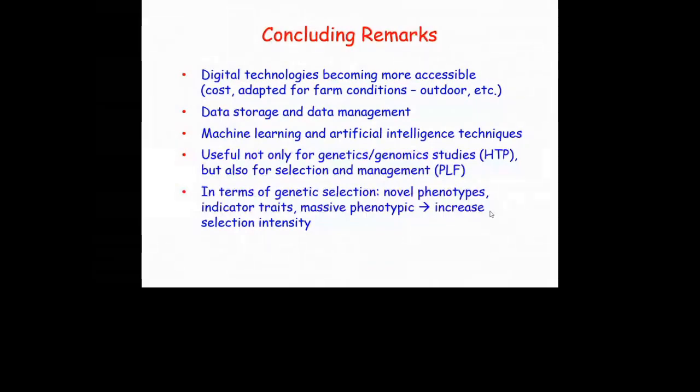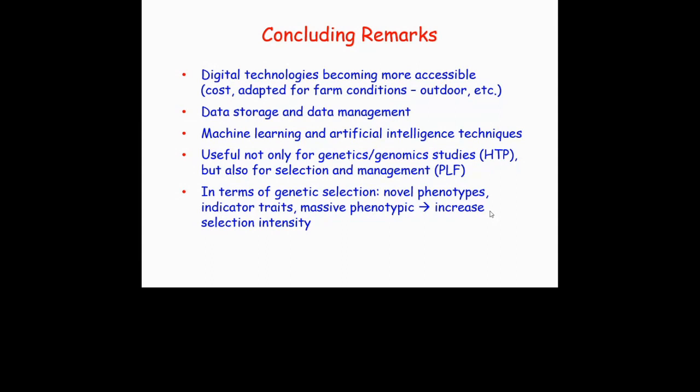And then we have all these challenges that were discussed here in terms of data transmission, data storage and management. And of course, we need to develop models that are able to handle this high-dimensional data over space and over time. And like I said, it's useful as high-throughput phenotyping for genetics, genomics, and selection, and also in the context of precision livestock farming, as was mentioned here.